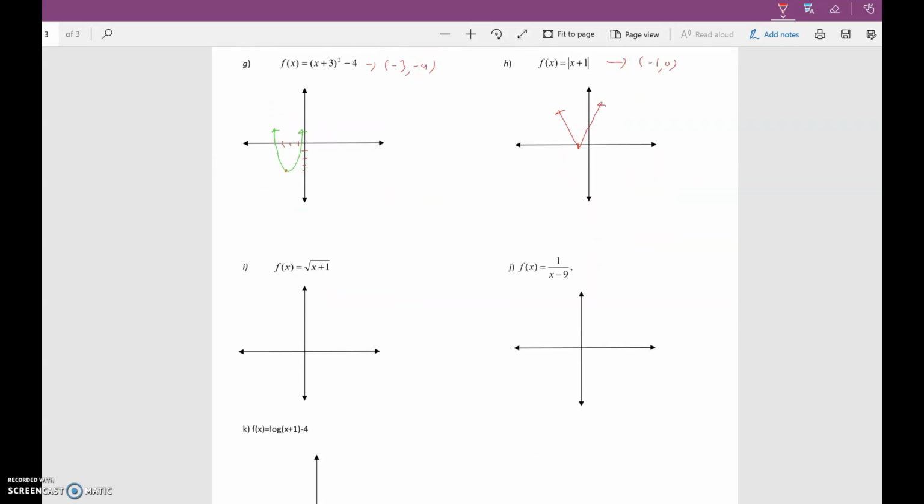Let's go to the next one, reference point negative 1 comma 0, which is technically the one that we just used. It's a square root function, so your square root is going to go in that direction. Next one, 9 comma 0. So 1, 2, 3, 4, 5, 6, 7, 8, 9 comma 0, and you're going to have dotted lines since it represents a hyperbola. And then one of the hyperbola branches is going to be here, and the other one is going to be at the bottom.